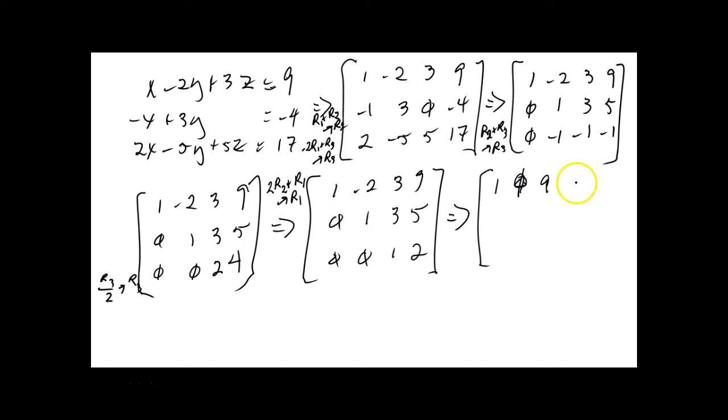Again, be neat. Okay. And then 19. All right. And the second row, we can't do anything. So copy it down. 0, 1, 3, 5. Third row is just like we want it. 0, 0, 1, 2. Okay.